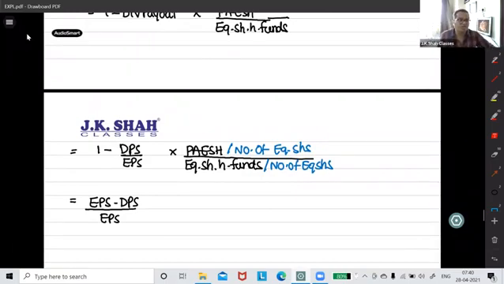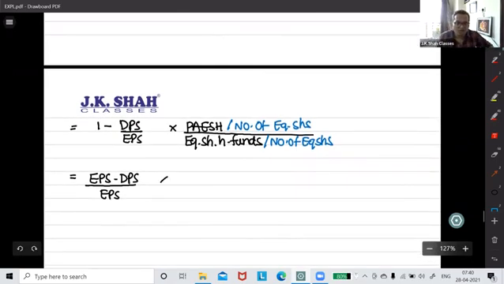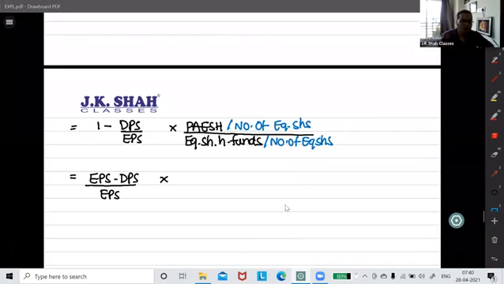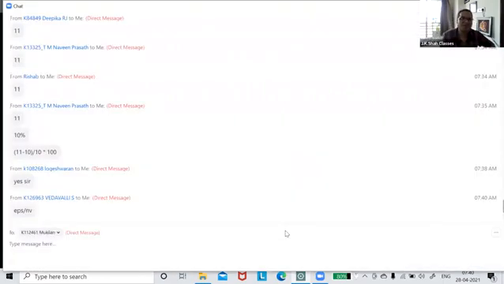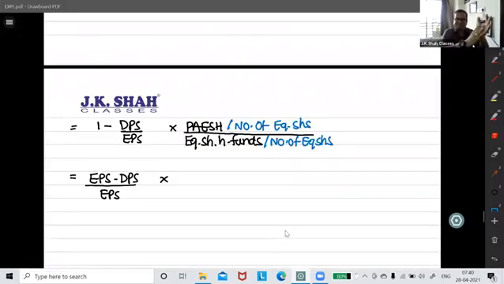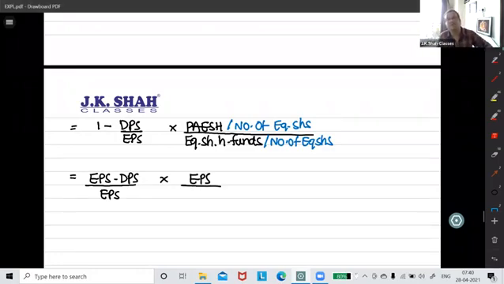So behave as smart as scientists. Come on, tell me the answer in the chat box. The numerator will become what, guys? Profit after tax upon number of equity shares. EPS. Smart, guys. Smart. EPS upon, very good. Equity shareholders' fund divided by number of equity shares.